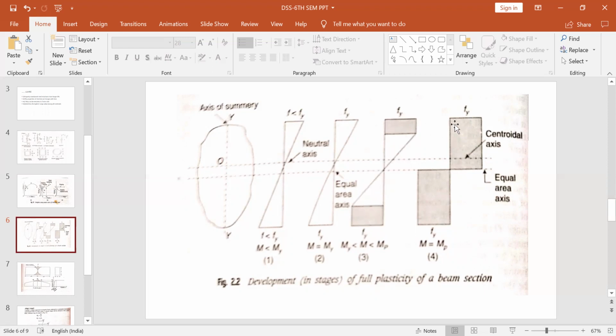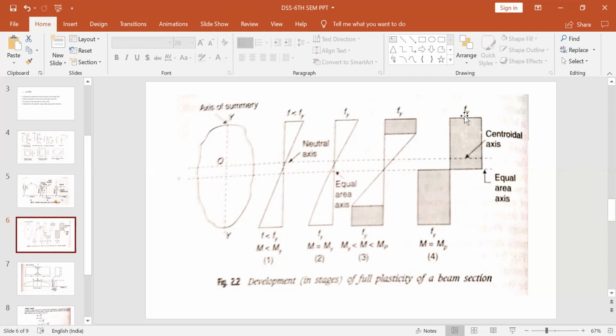And now after it crosses the yielding moment and reaches the plastic moment, Mp, the entire section will be plastic. That means the stress will be fully developed plastic. It has reached the entire plastic stress and the full section will resist.